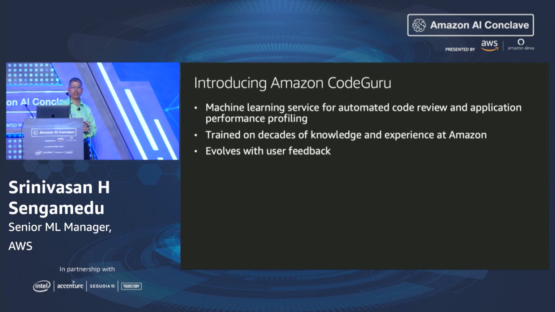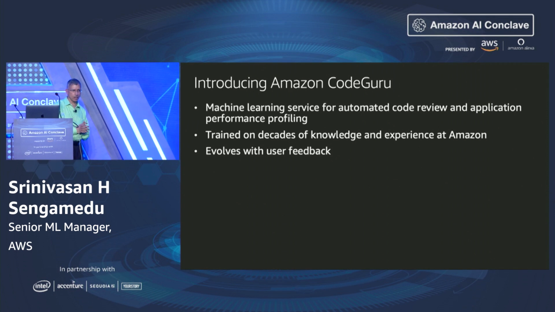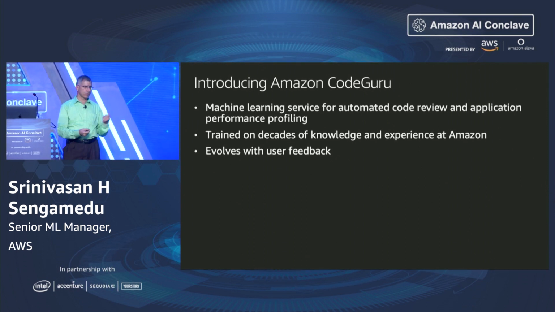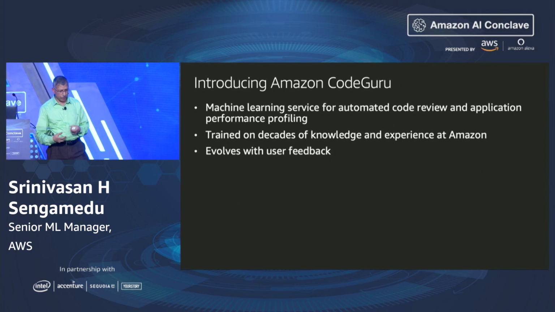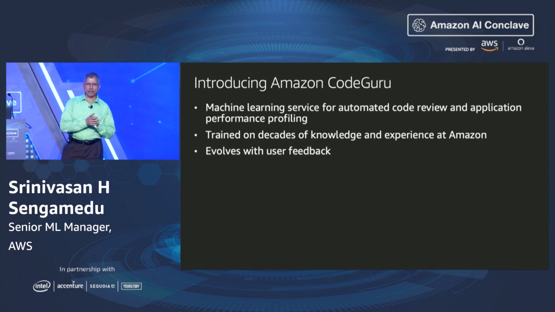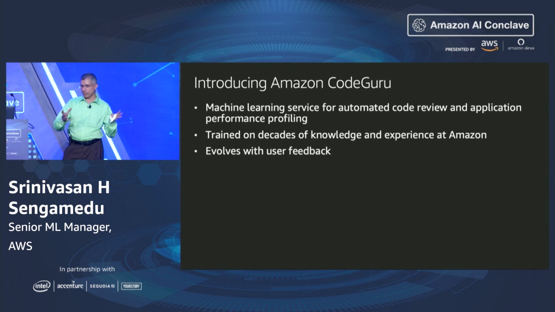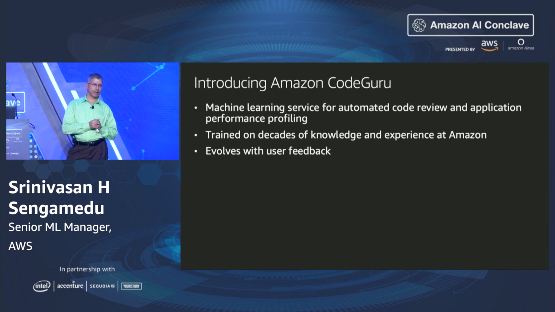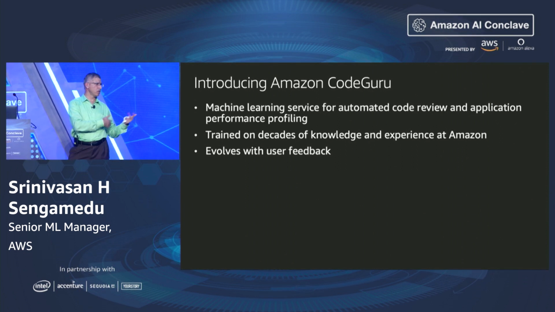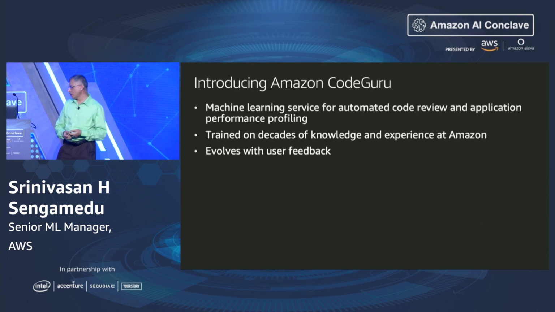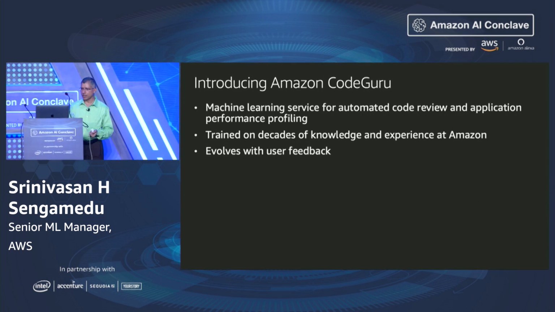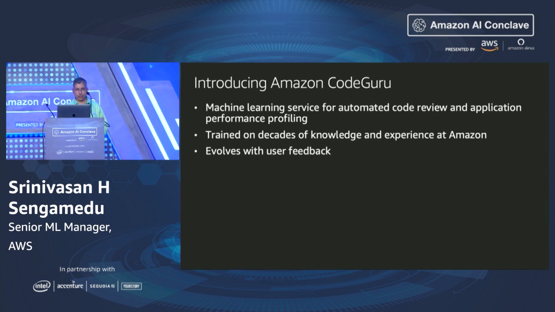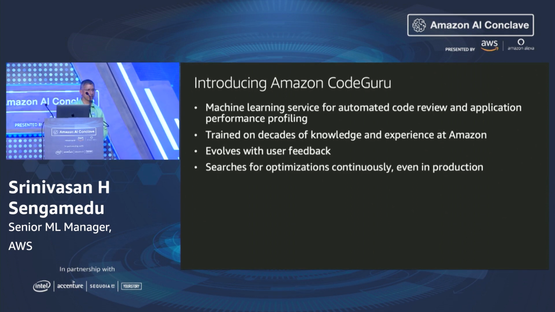And the other one is it evolves with user feedback. When you use the Amazon CodeGuru reviewer or the profiler, you get recommendations on whichever aspect it is about, and you can give feedback on the recommendation, whether it has been useful or not useful, and so on. So once you give feedback, it evolves with the feedback, and it searches for optimization continuously, even in production.